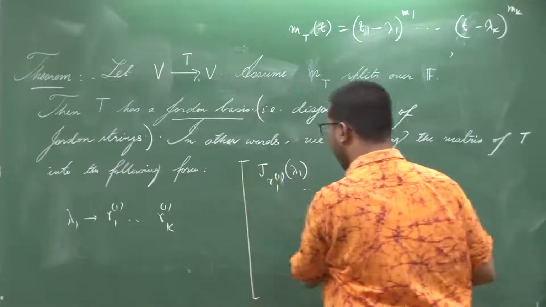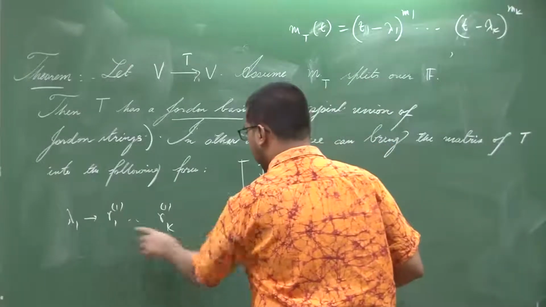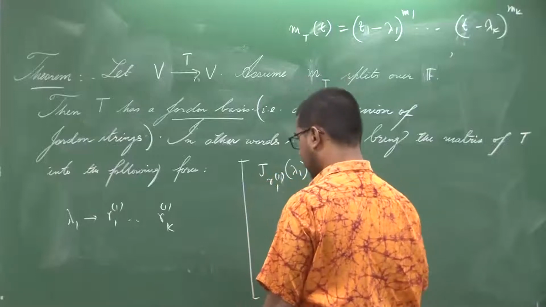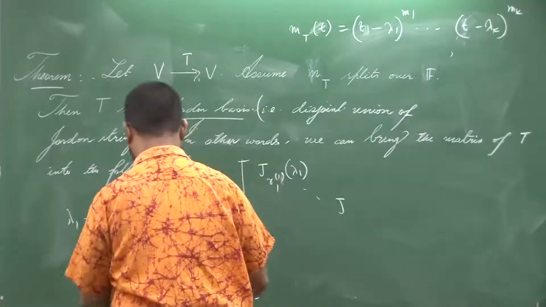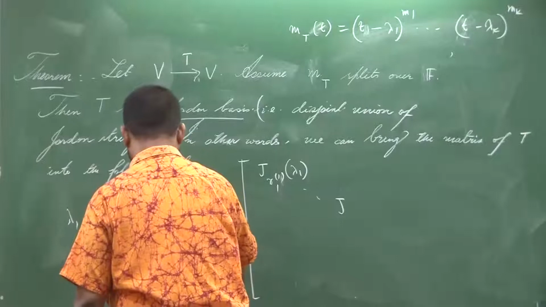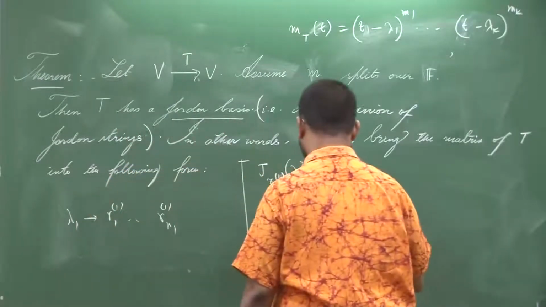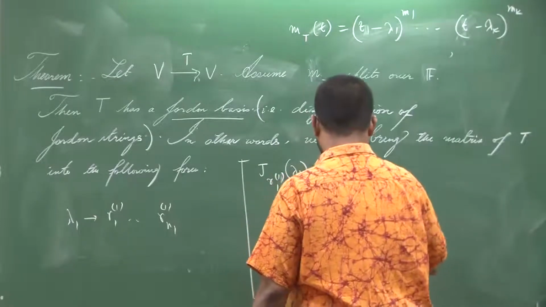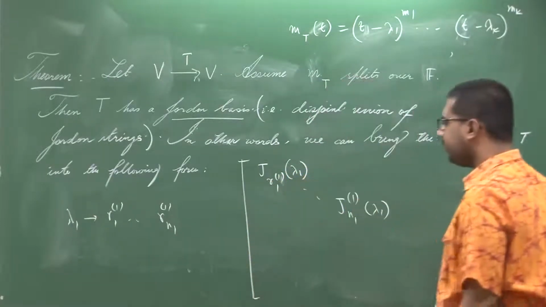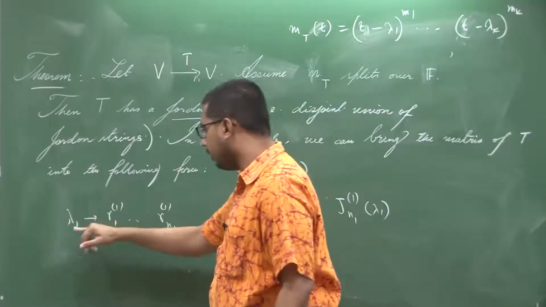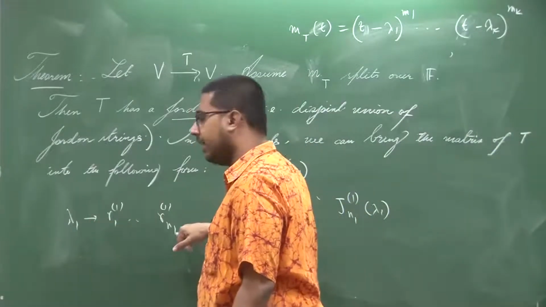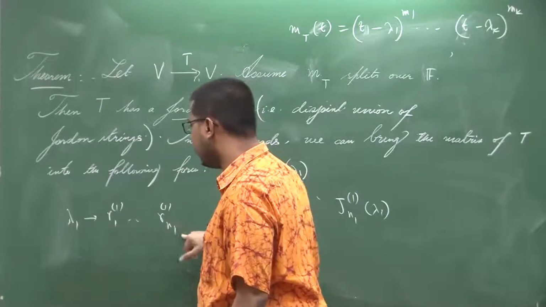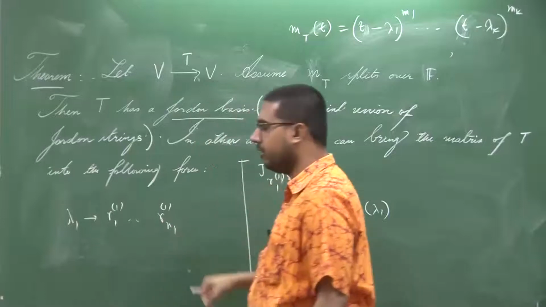So, for lambda 1 let us say I have n1 number of blocks. Corresponding to lambda 1, I have n1 number of Jordan strings in that Jordan basis with length from r1 up to rk.